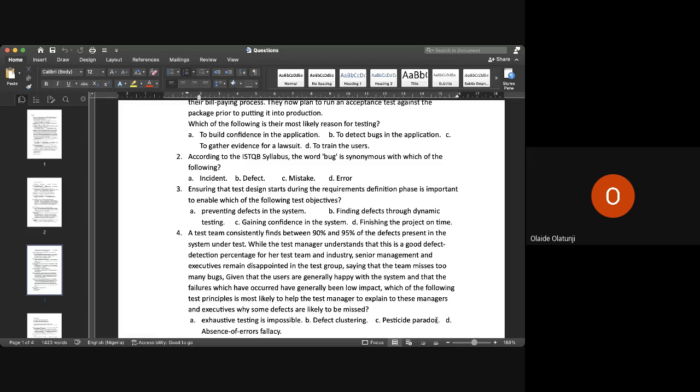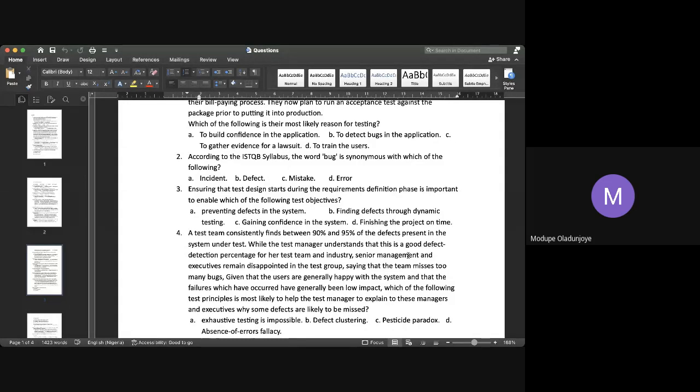What did you pick? C, gaining confidence in the system. You selected A. How is that possible? I feel the order itself might be wrong, because what number is this? 3.